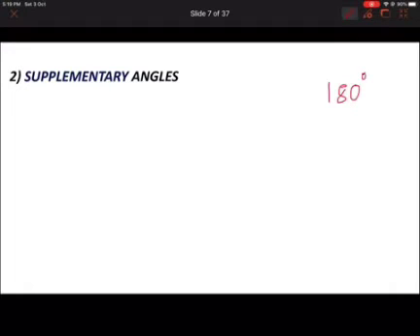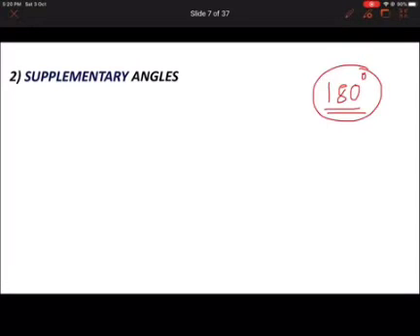In the case of complementary angles, two angles are called complementary if their sum is 90 degrees. You all remember? Now, two angles are called supplementary angles if you add up those two angles and they add up to 180 degrees. Children, I hope it's clear.